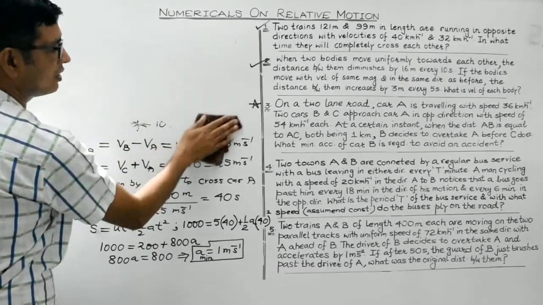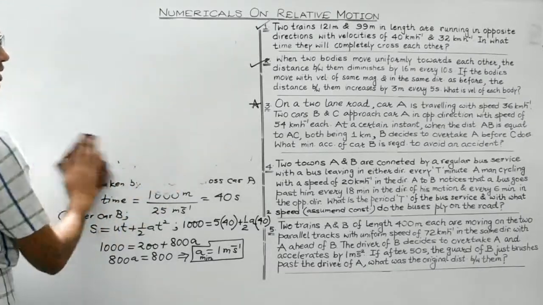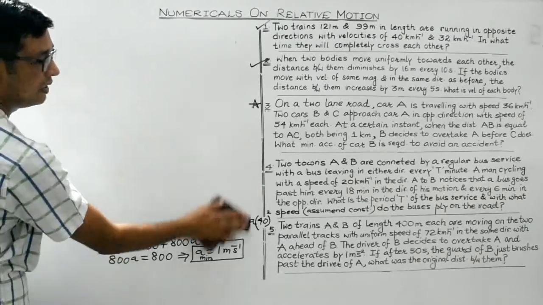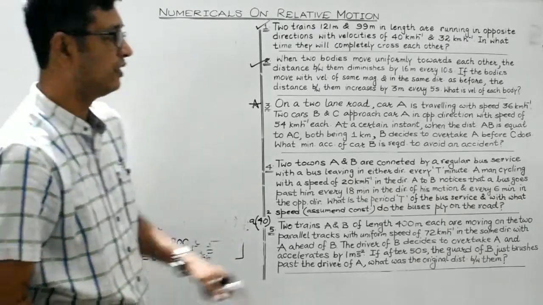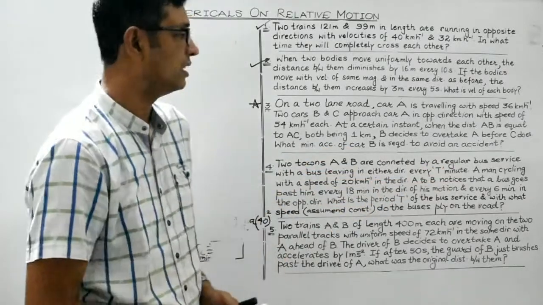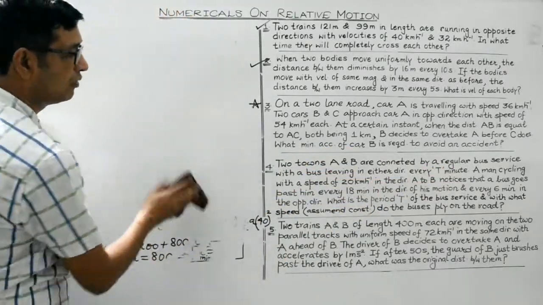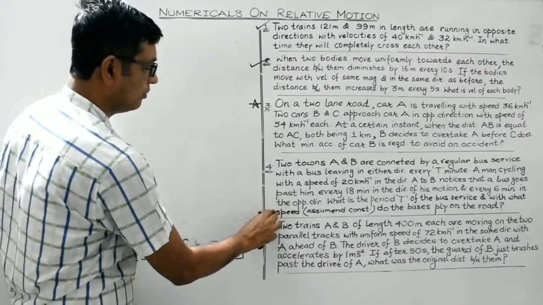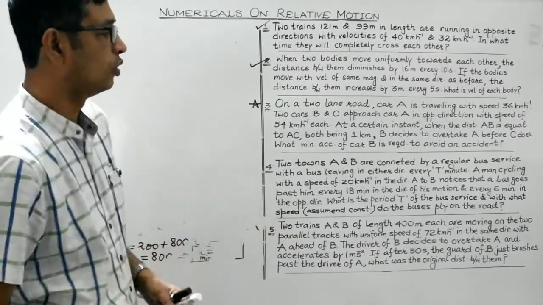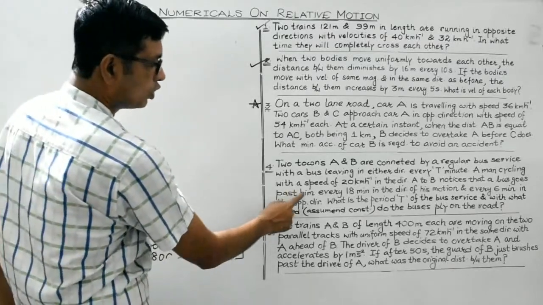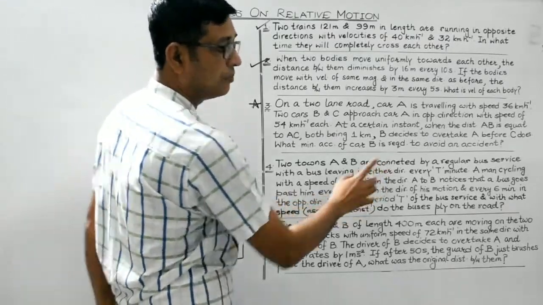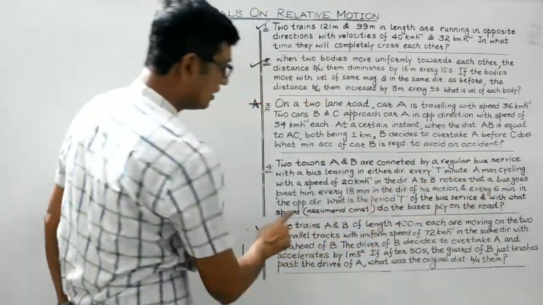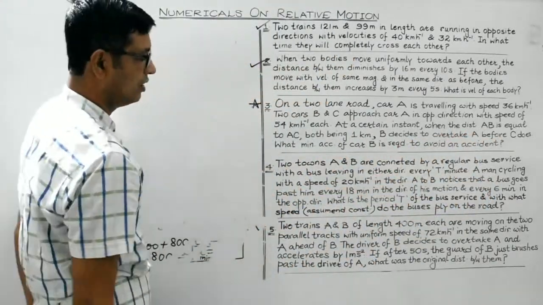There are two towns, A and B. They are connected by a regular bus service, with a bus leaving in either direction every T minutes, capital T. A man cycling with a speed of 20 km per hour in the direction from A to B notices that a bus goes past him every 18 minutes in the direction of his motion and every 6 minutes in the opposite direction.